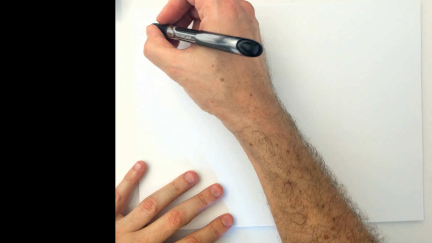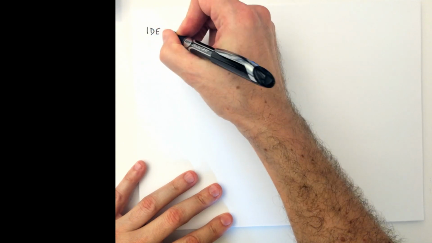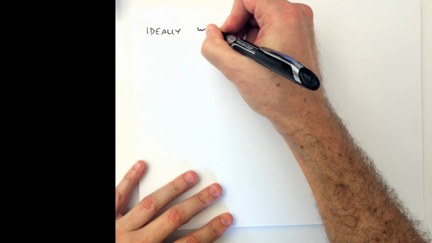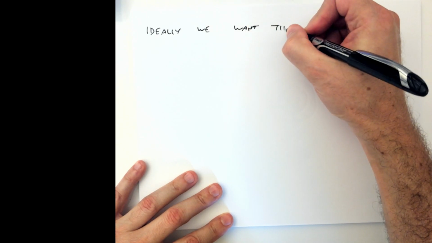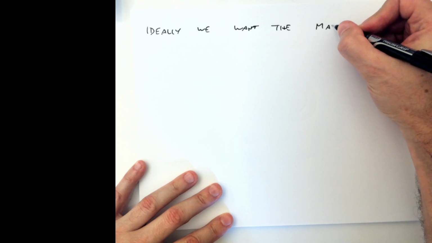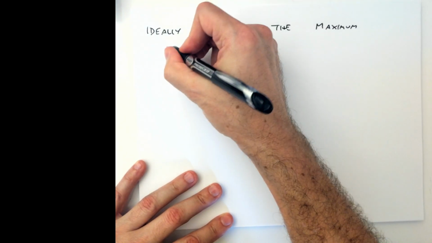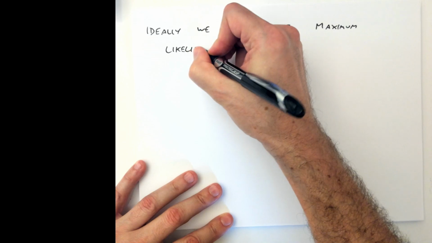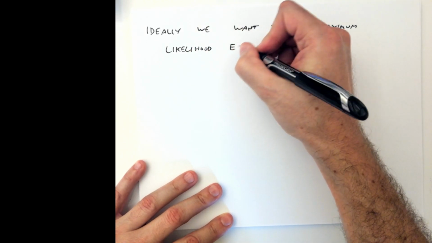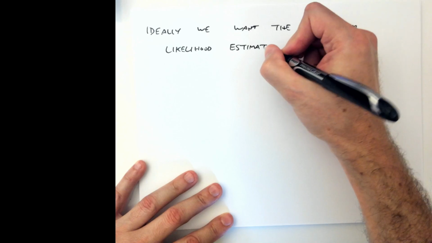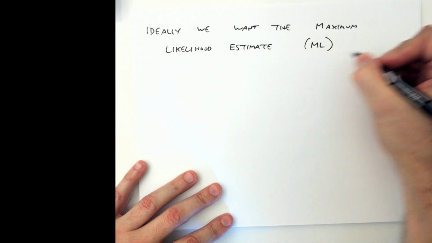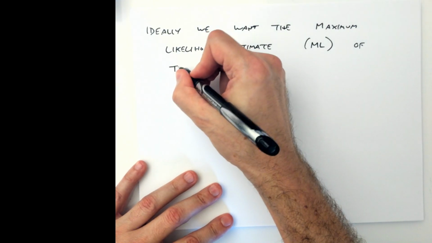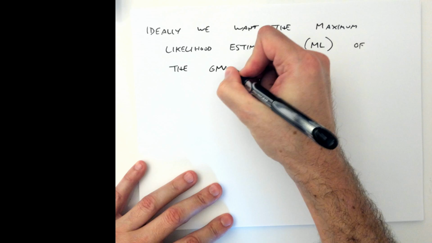So ideally, we want the maximum likelihood estimate, and at some point I'm just going to start calling this the ML estimate of the GMM parameters, right?